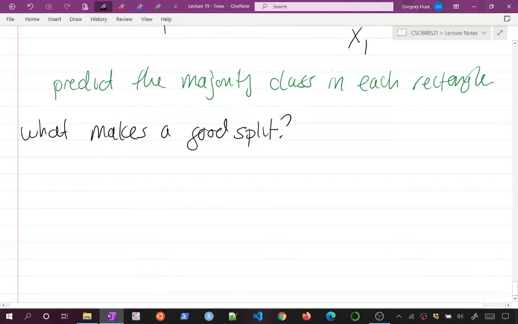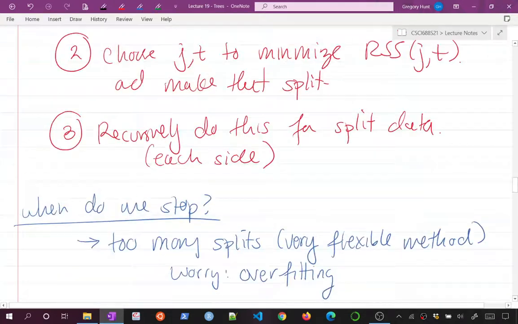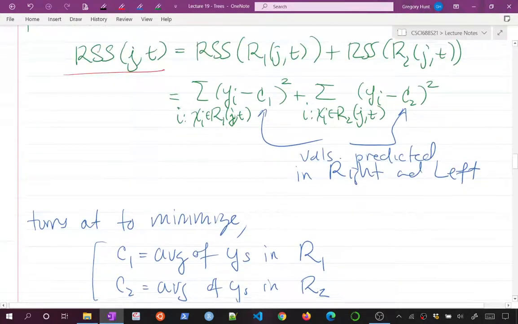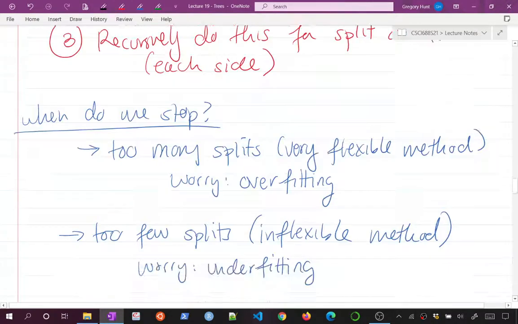Before we had RSS. Some of the discussion about cost complexity, you can just replace RSS with something else. When we were making our splits, going back to our original algorithm, we were optimizing over this whole RSS thing. So the question is, what do we replace that with?